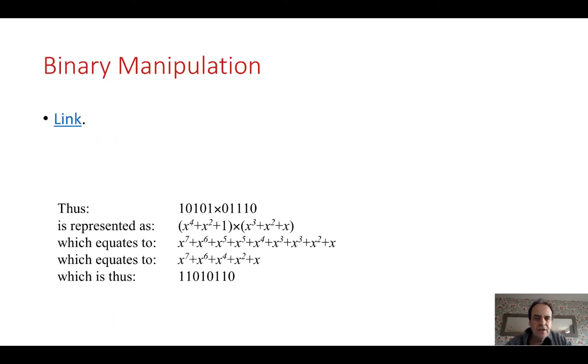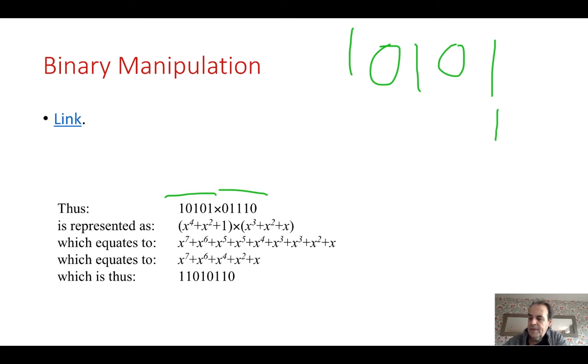Okay, so here's an example here. So we have 1, 0, 1, 0, 1, 0, 1 times 0, 1, 1, 1, 1, 0. So we represent 1, 0, 1, 0, 1 with a 1, no x, x squared, no x to the 3, and x to the 4, which is this value here.